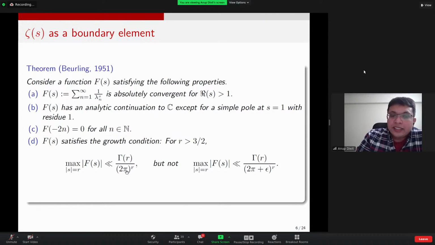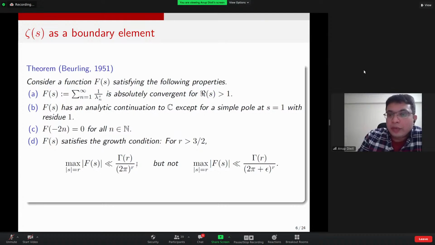However, if I replace this 2 pi with 2 pi plus epsilon, this is no longer true for all s. So this is really a strict form. And this property also holds for the Riemann zeta function, as we will see very soon. This is implied by the functional equation.